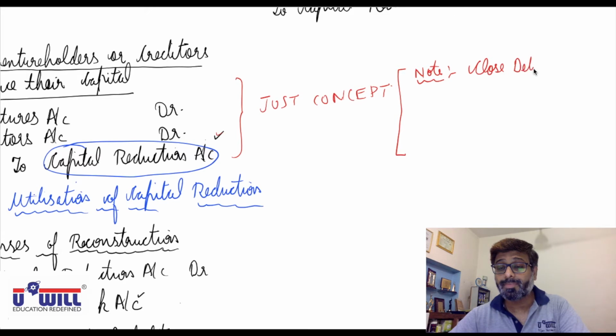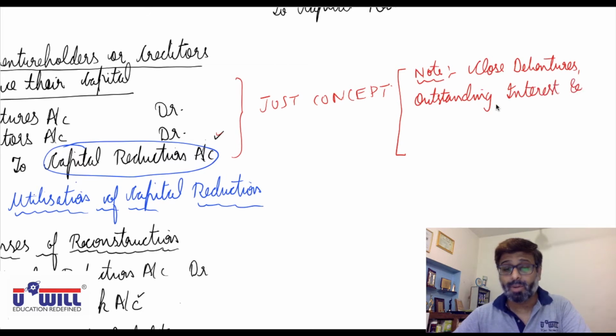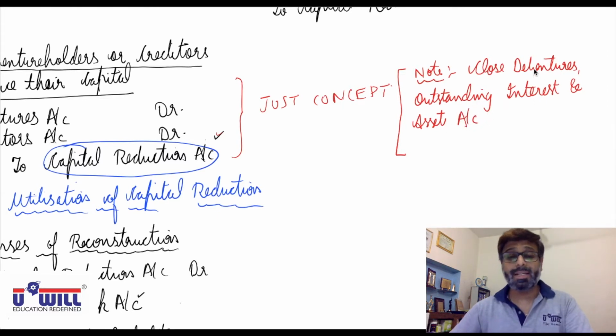debentures, outstanding interest and asset. Freehold property is in this question, it can be any other asset in other questions. So close debentures, outstanding interest and asset account. Debentures and outstanding interest have credit balance, so you debit them to close it.